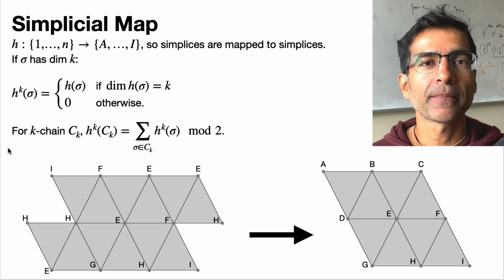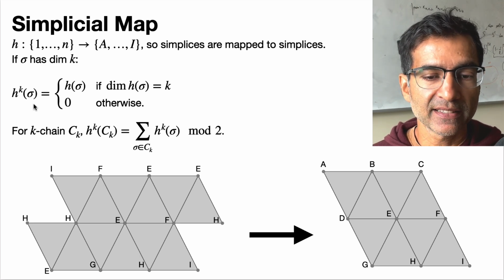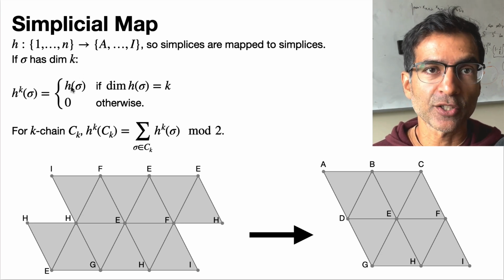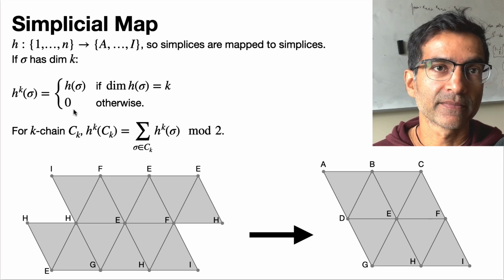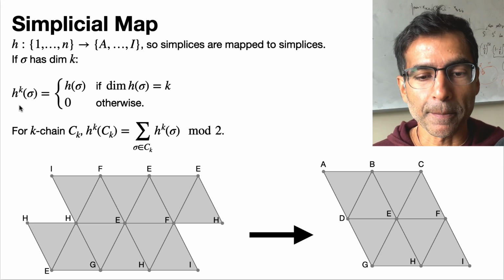Given a simplicial map H and a k-dimensional simplex sigma, let's write H_k of sigma to be equal to H of sigma if this is also a k-dimensional simplex, and 0 otherwise. So in this way, I've defined a map by linearity.